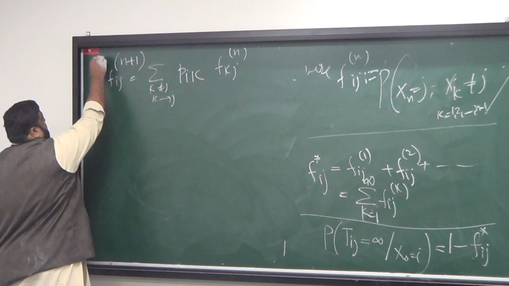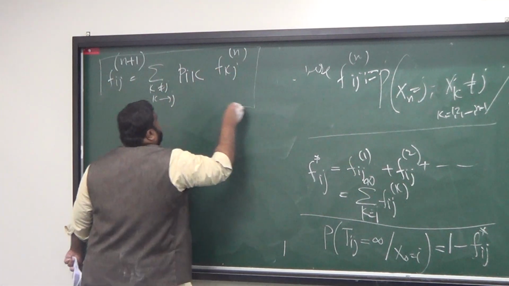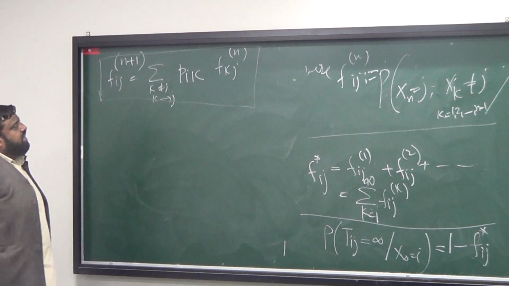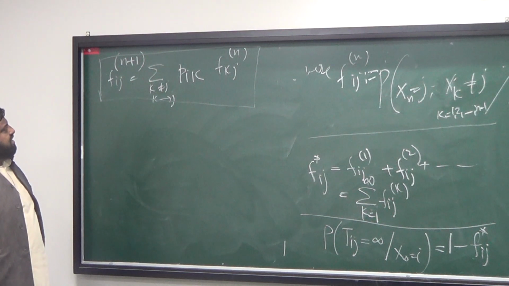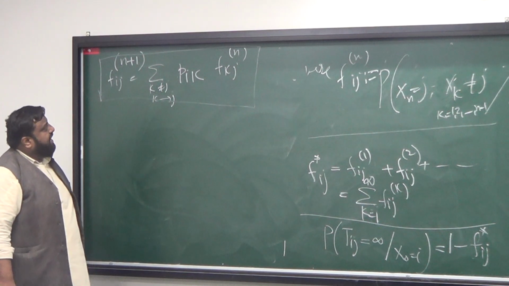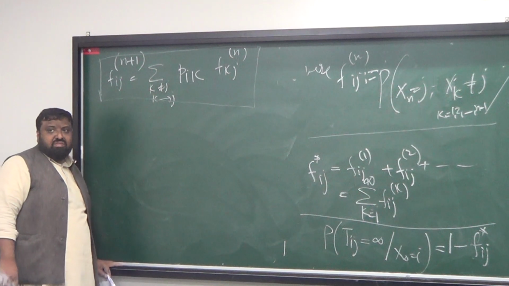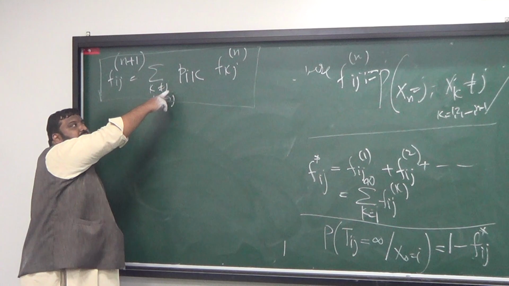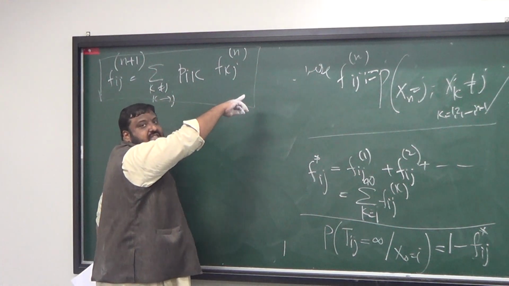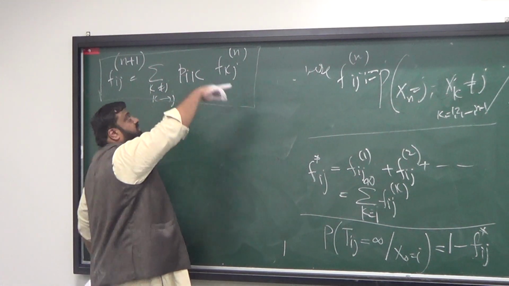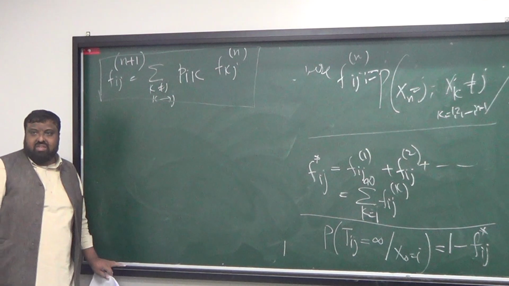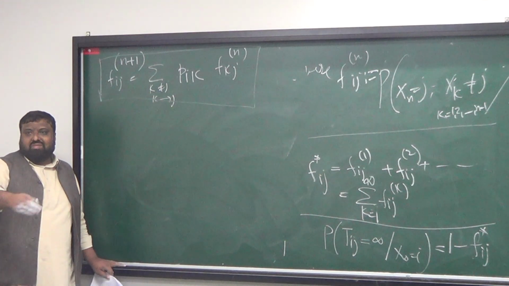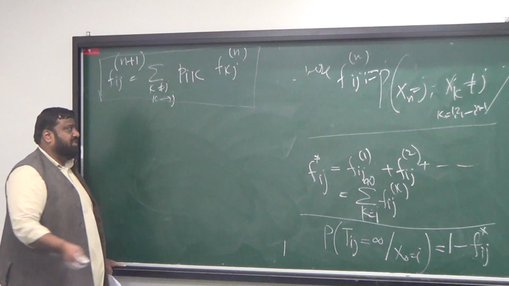Because this expression is itself interesting. Why is it an interesting kind of expression? Because using the transition probabilities and first n step probabilities, you can compute what is called the n plus 1 step probability.